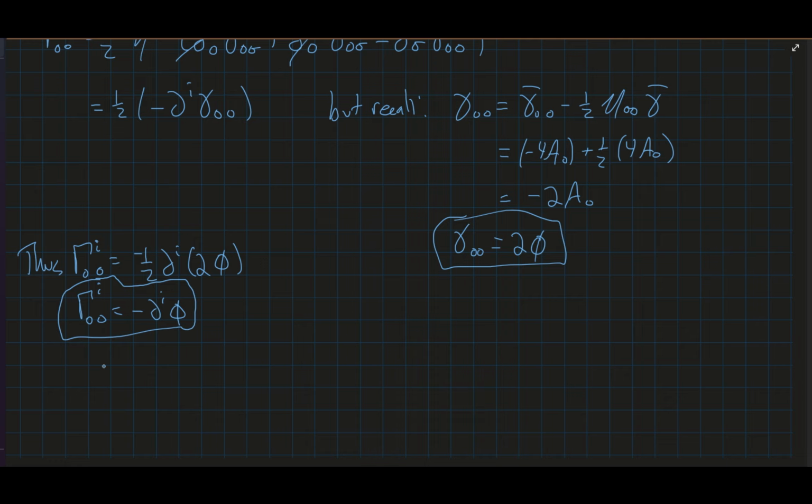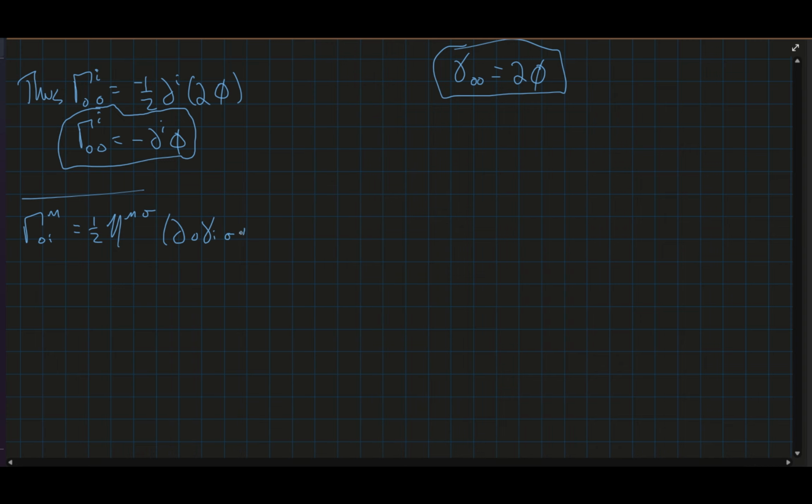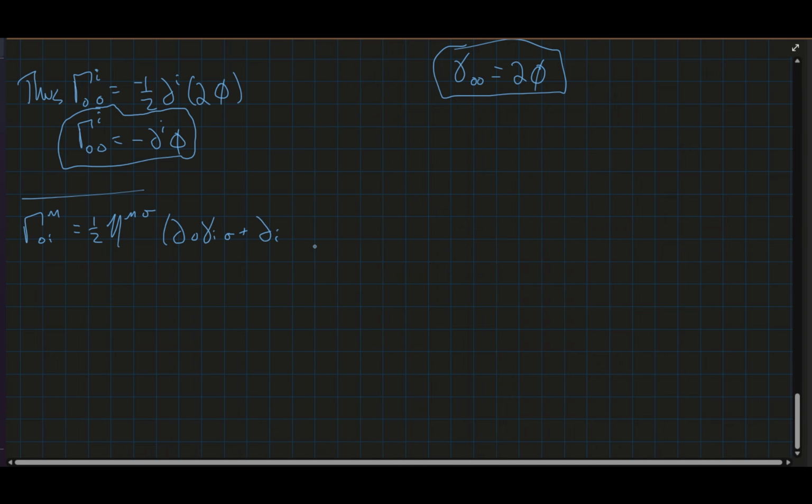Okay, so we can try the next Christoffel symbol now. So again, we're under the quasi-static approximation, and this first term goes away, and we can use the 1 eta to raise indices here.